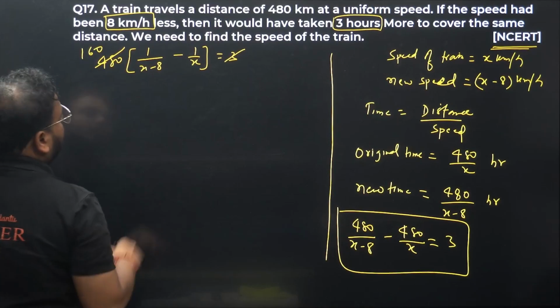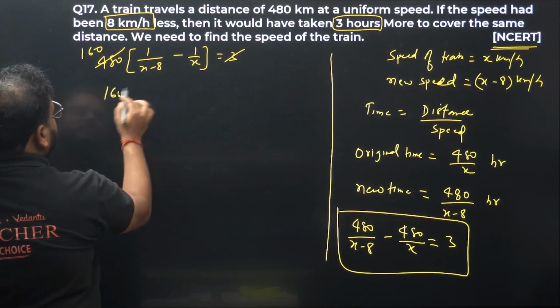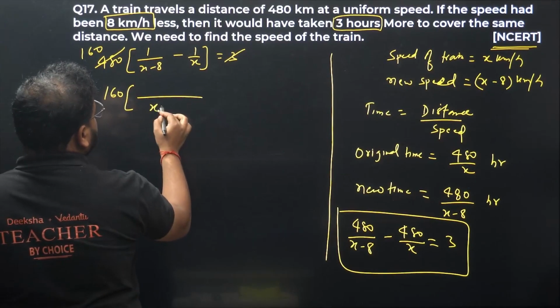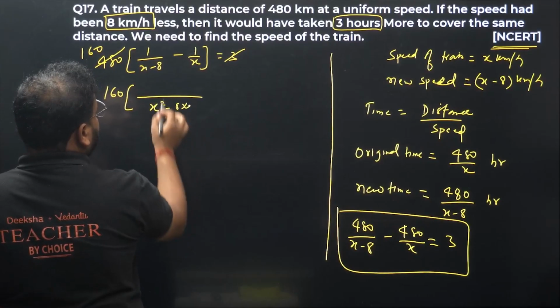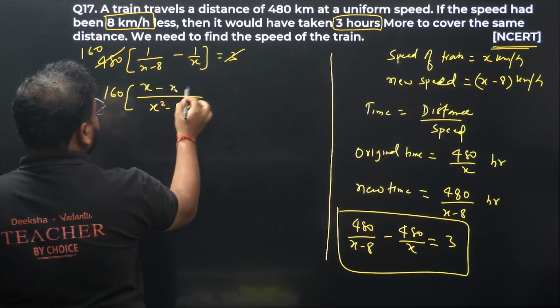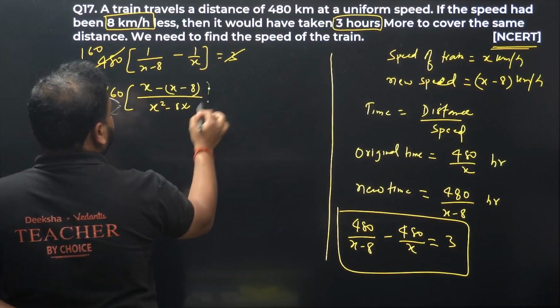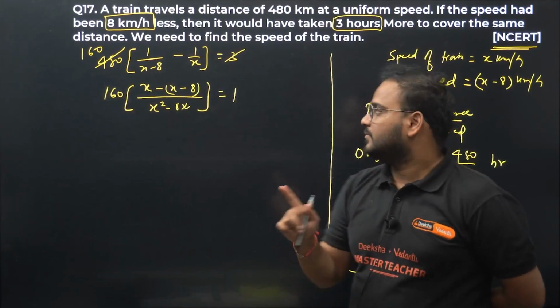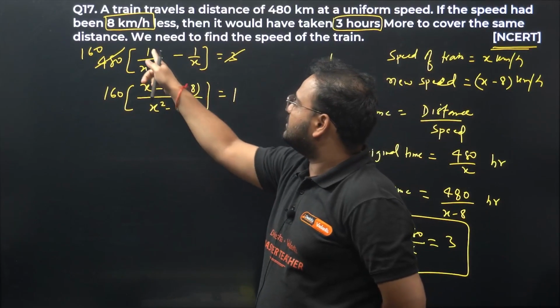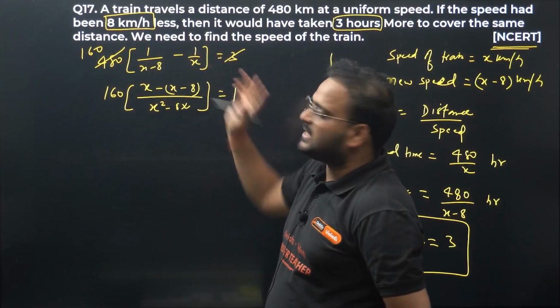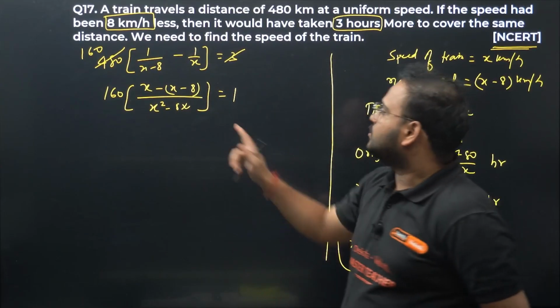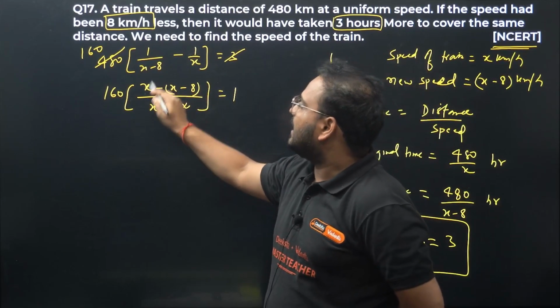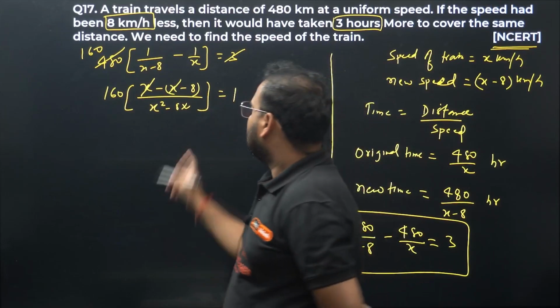So 1 upon x minus 8 minus 1 upon x equals 1 upon 160. The LCM will be x square minus 8x, that is x times x minus 8. I hope the calculation is very clear. Taking the LCM, this becomes x, this becomes x minus 8, making equivalent fractions. So I get x minus of x minus 8, x and x are cancelled, cross multiply.